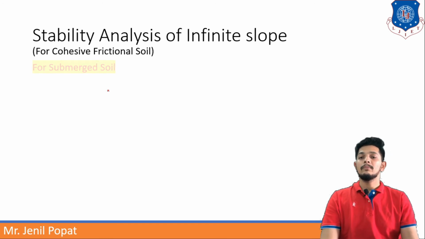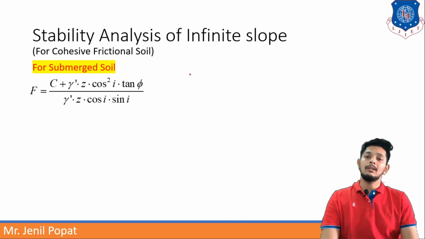Moving forward to the submerged soil case. In this, if a C phi soil is there and the soil is submerged, then F can be written directly as c plus sigma tan phi, or we can write c plus gamma dash z cos square I into tan phi upon gamma dash z into cos I into sin I. Here gamma is directly written as gamma dash because it is the submerged soil case.